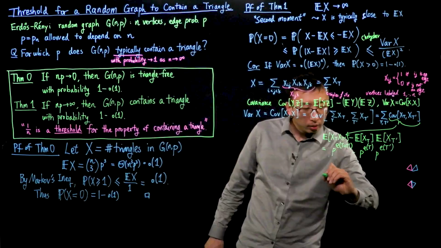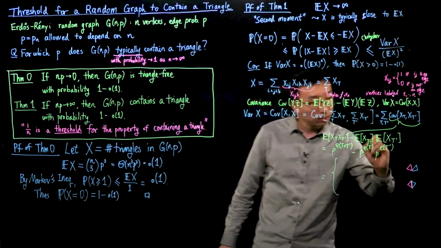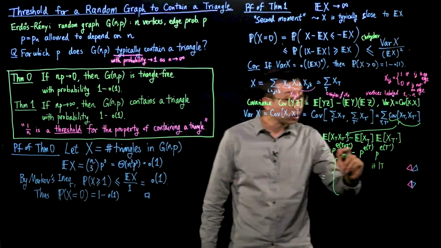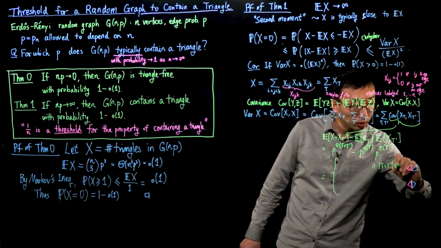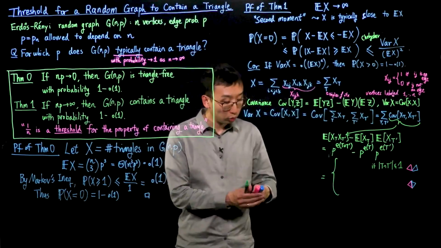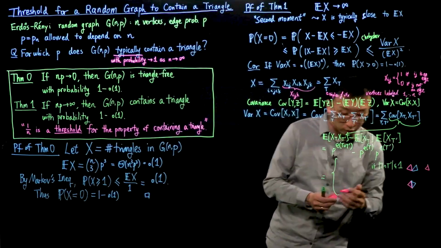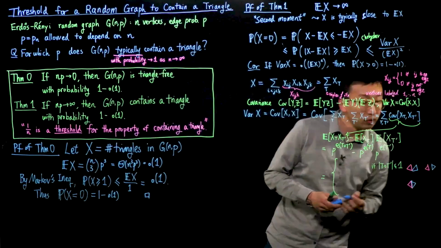So let's look at a few different possibilities. The first is if the two triangles, T and T prime, do not intersect in any edges. So the number of vertices they intersect is at most 1. The two scenarios are the one that I just drew, and if these two triangles are even disjoint in their vertex set.